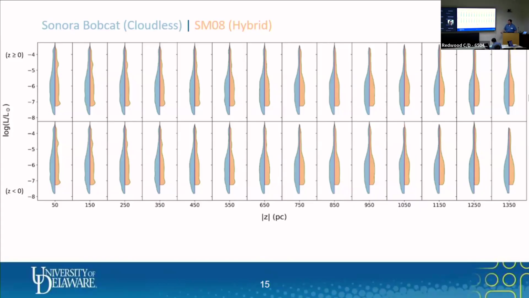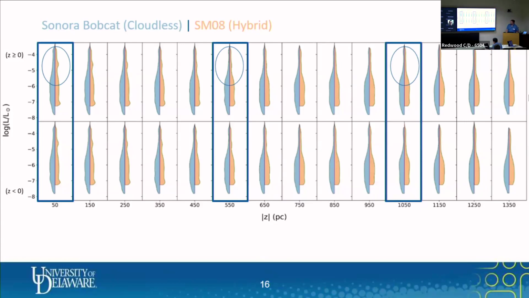One feature I'd like to point out is this bump you see in the hybrid models, which is very significant at low heights and flattens out as you go further away from the plane. This is when the models transition from cloudy to cloudless atmospheres, and there's a slight pileup of objects. And so we can see that each of these slices has a different contribution. We can actually zoom in on these slices, and I can show you a slightly more detailed histogram.